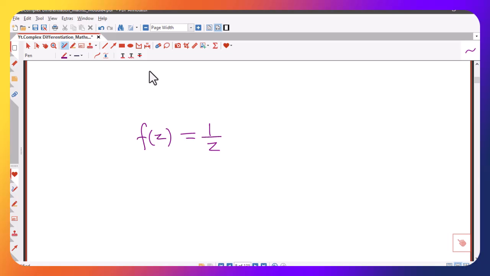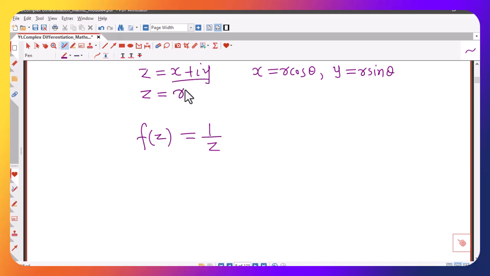We have discussed polar coordinates, that if we have z equal to x plus iy, and if we take x equal to r cos theta and y equal to r sin theta, then by taking this x and y here, we are able to write our complex variable into polar form as z equal to r into cos theta plus i sin theta.